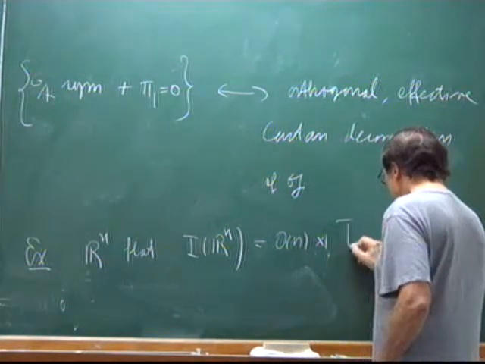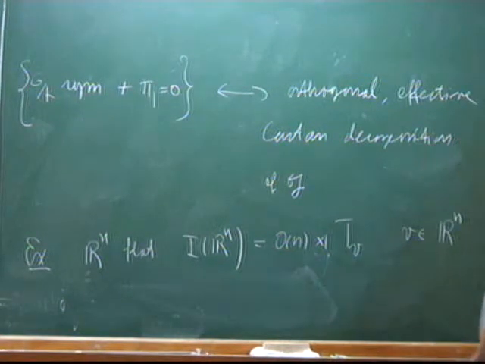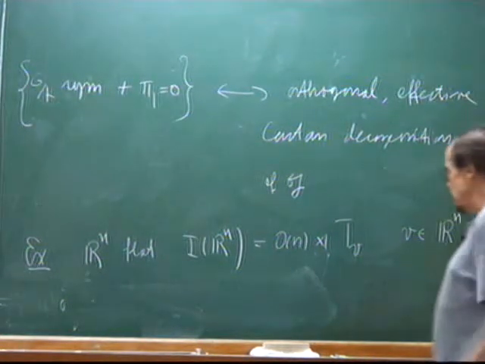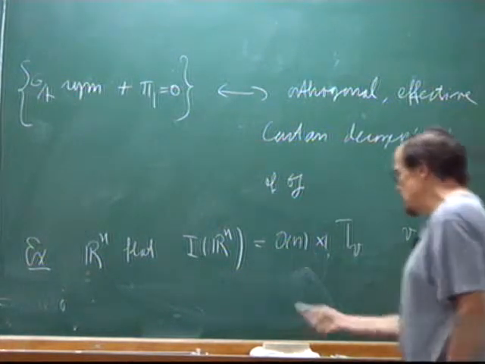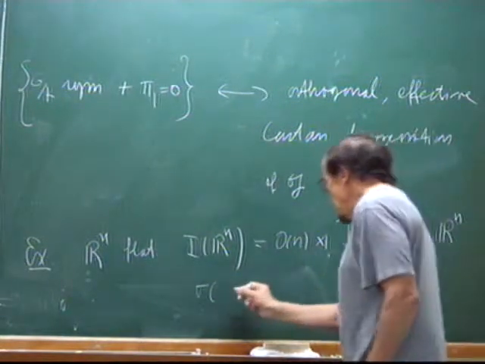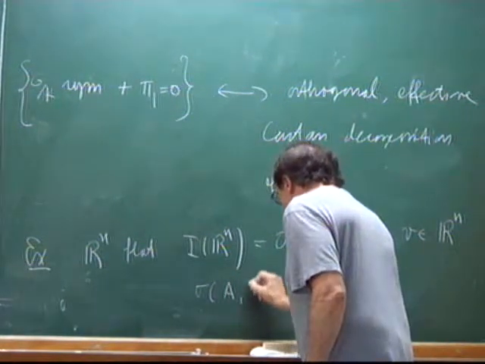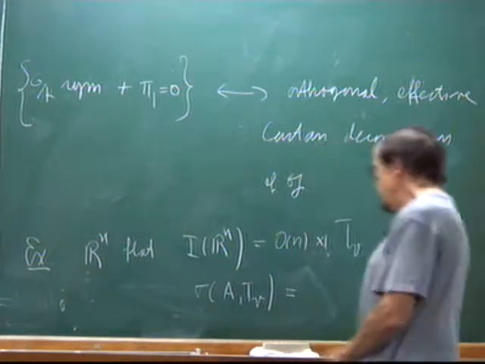So let's call it T(V), V in R^n. Then I claim I can do the following. First, that's a symmetric space, right? What's the involution? Sigma of, say, a pair A, a rotation and a translation, should be equal to what?